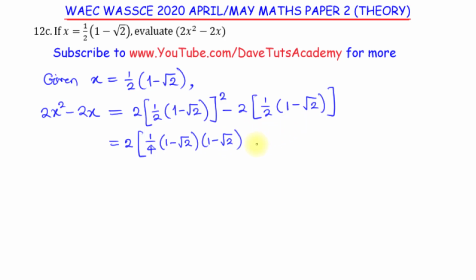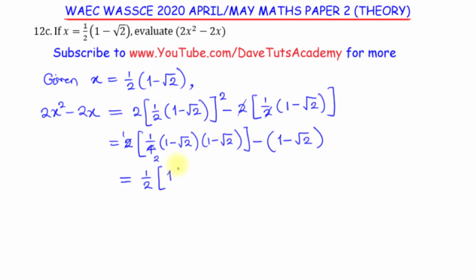That's the first entry, minus these two, and these two can cut themselves, so we still have only 1 minus root 2 remaining for this second expression. Here this 2 here is 1, this 2 in 4 is 2. So what I'm having is 1 over 2 multiplying the product of 1 minus root 2 times 1 minus root 2. So we can take this piecewise.